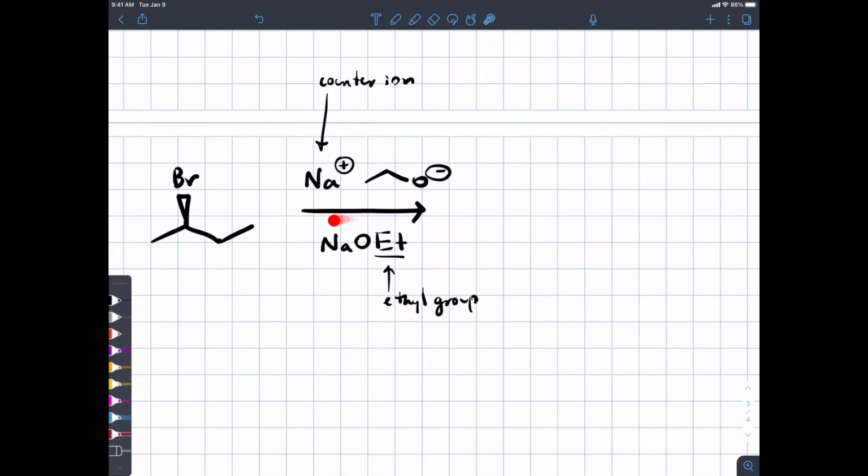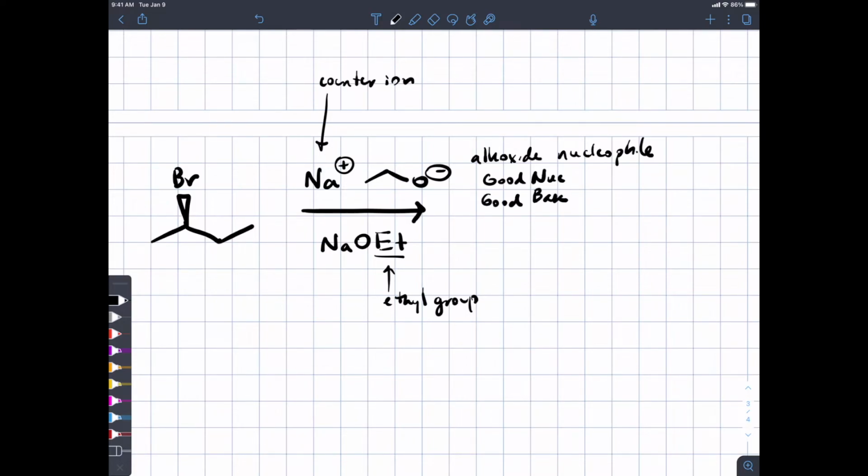So if I write this in a reaction, you need to practice enough so that you look at this NaOEt and you see that in your mind, or you can draw it on your paper. You need to learn to ignore the sodium and remember that this is an alkoxide nucleophile/base, and it is a good nucleophile, and it is also a good base.